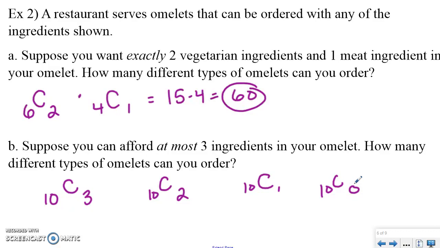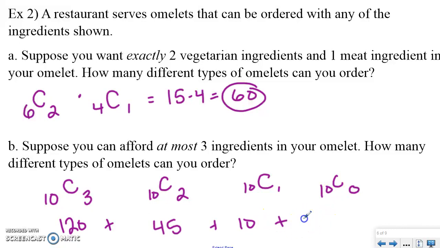So we're going to calculate all of that out. And then this time, because it could be 3 or 2 or 1 or 0 ingredients, we're going to add those together. This is kind of like saying I can either order 3 ingredients, which gives me 120 options. I can order 2 ingredients, which gives me 45 options. I can order 1 ingredient, which is 10 options.